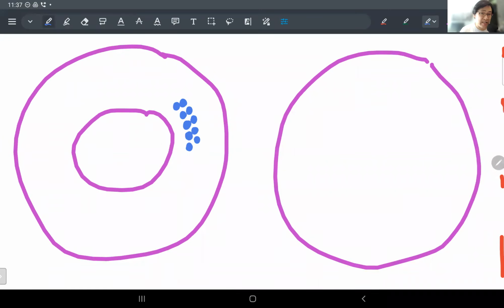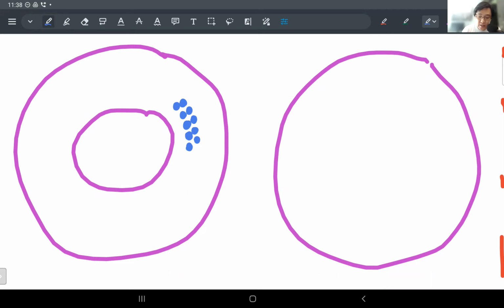Does that make sense? Because within this material, there will be millions of atoms. And I'm not going to be able to tell that 1 centimeter away from me, which is already a million atoms away, there is a hole or not.